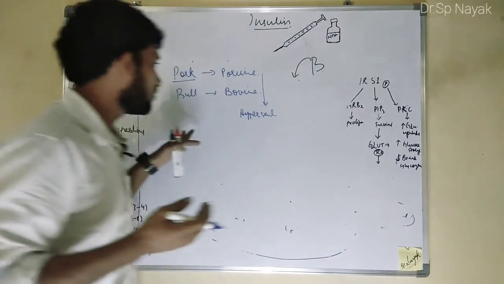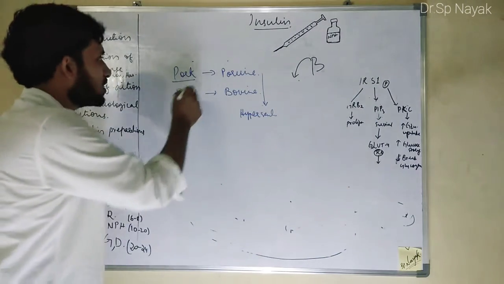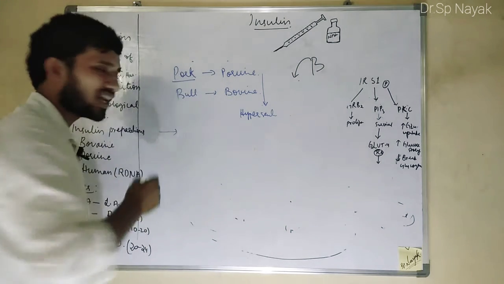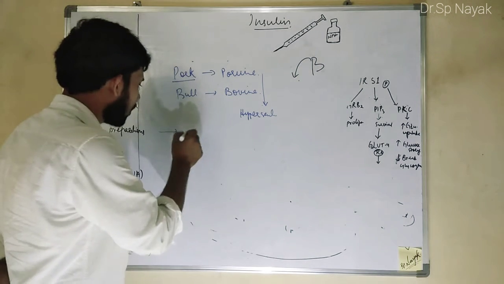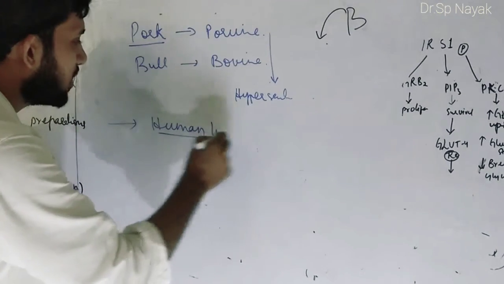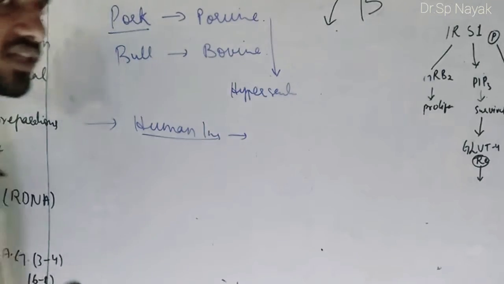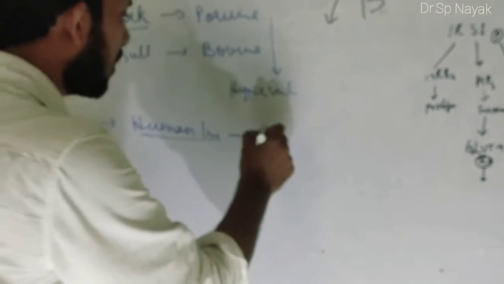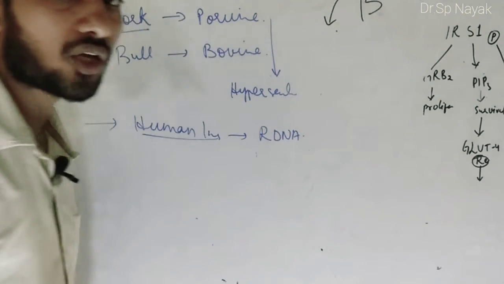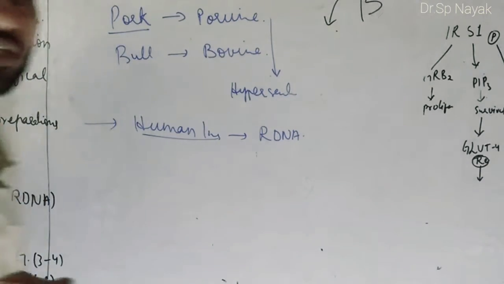So nowadays we are not using insulin synthesized from pork and bull, and now we are synthesizing human insulin. Human insulin is generally synthesized by using rDNA technology, recombinant DNA technology. So nowadays we are using human insulins.